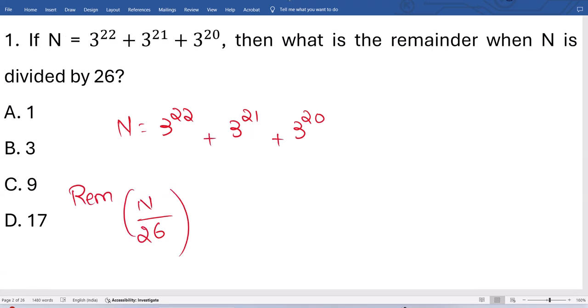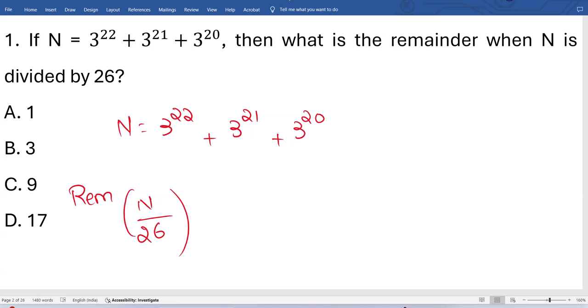In the exam, calculating 3 power 21, 3 power 22, 3 power 20 values, adding them, and then dividing by 26 will take a lot of time. Now we need some trick which will help you come out of the situation.